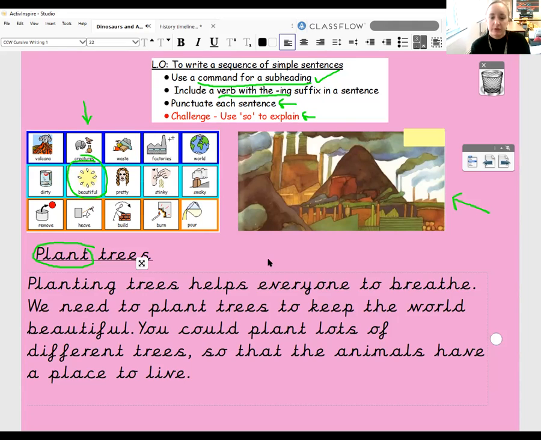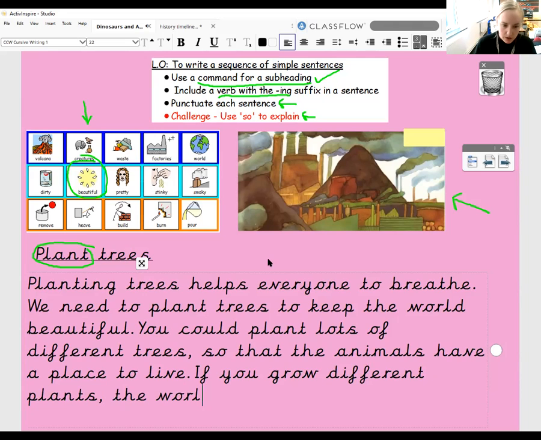So if you grow different plants, the world will be very colourful. Let's have that. So if you grow different plants, the world will always be colourful. Yeah, I like that. Colourful, so full of colour.